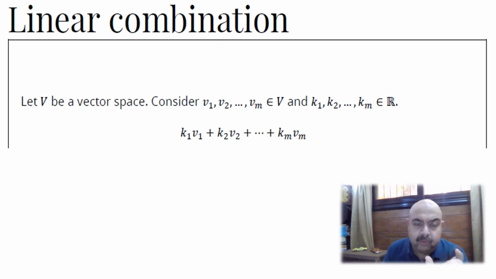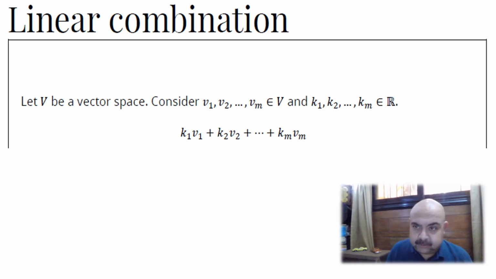So if I have 2 vectors, let's say (1, 1) and (2, 2), when I add them together or multiply each one of them by a constant number, then do the addition, I will have a new vector. This newborn vector can be generated from these 2 vectors. This is what we call a linear combination.